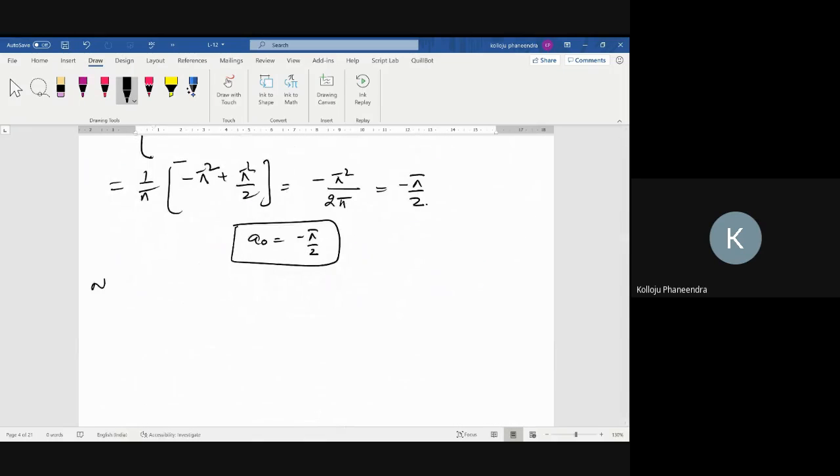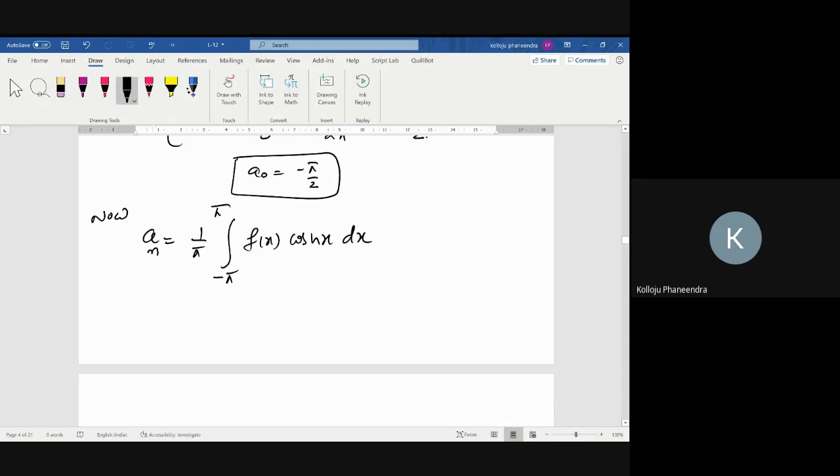Next. Now what is an? an equal to 1/pi, minus pi to pi f(x) into cos nx dx. So this is equal to 1/pi. Same logic.